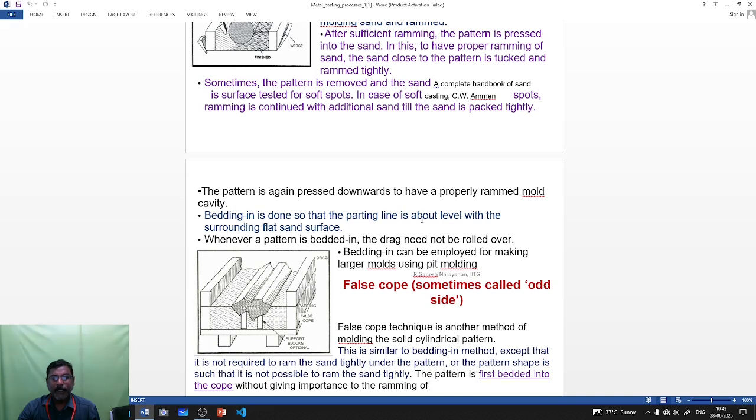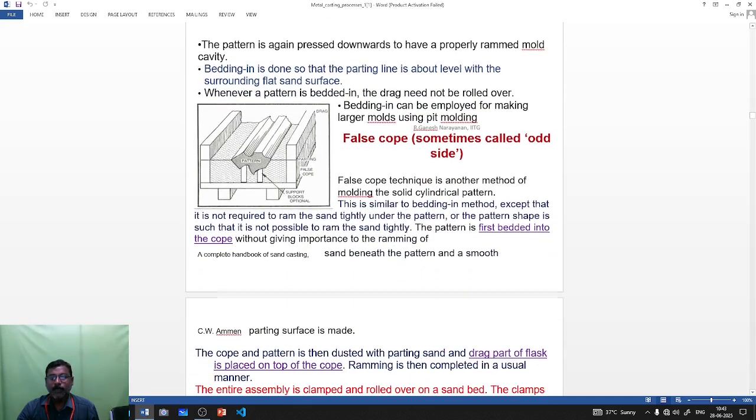Bedding in is done so that the parting line is about level with the surrounding flat sand surface. Whenever a pattern is bedded in, the drag need not be rolled over. So bedding in can be employed for making larger molds using pit molding.